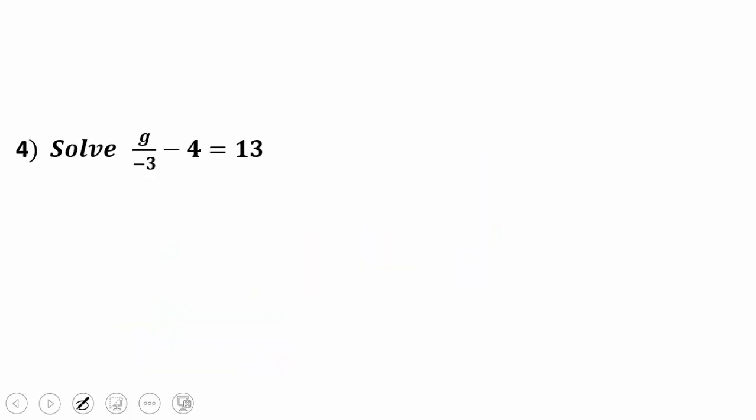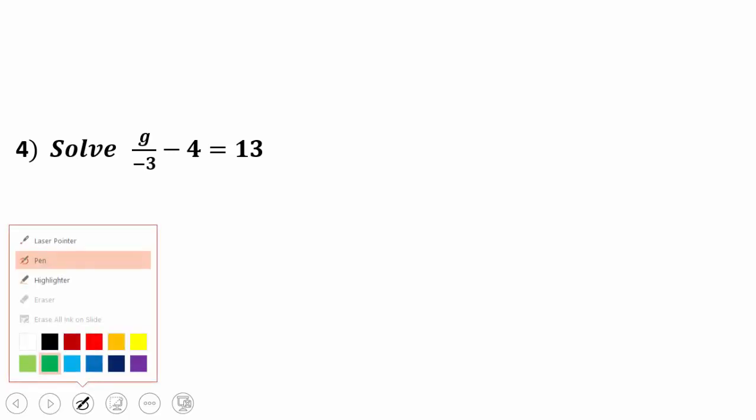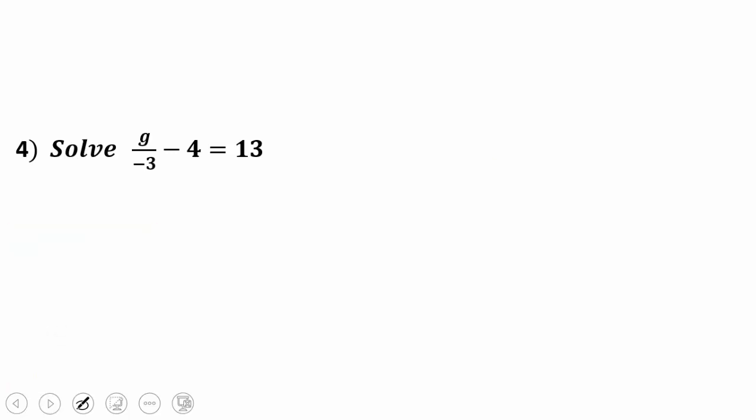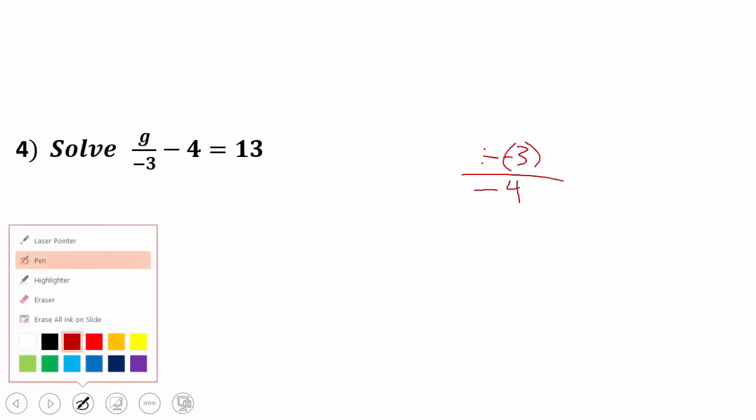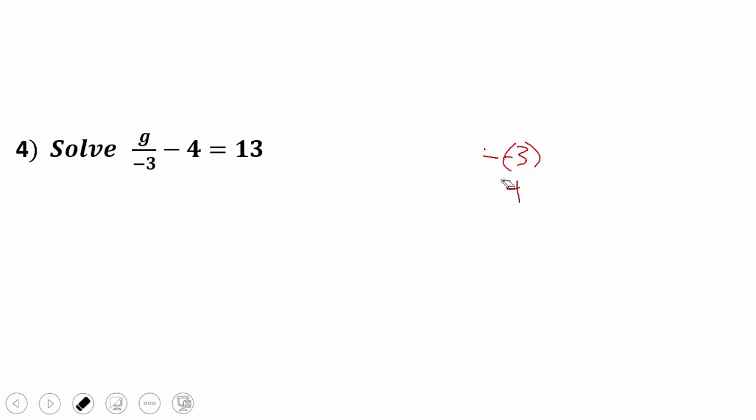Moving right along. Our fourth example, g divided by negative 3 minus 4 is equal to 13. So we're first dividing by a negative 3, and then we're subtracting 4. So the inverse of that, which I didn't write correctly how I usually do. So I am going to erase that because I don't like it when I don't do it the way I usually do. So, doing that again. I am dividing by negative 3, and then I'm subtracting 4.